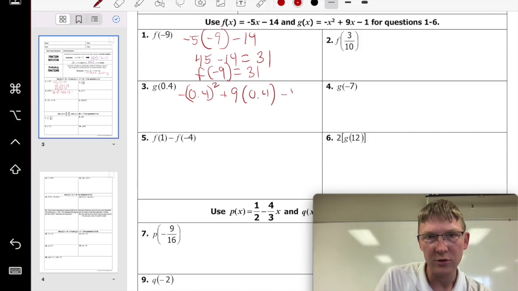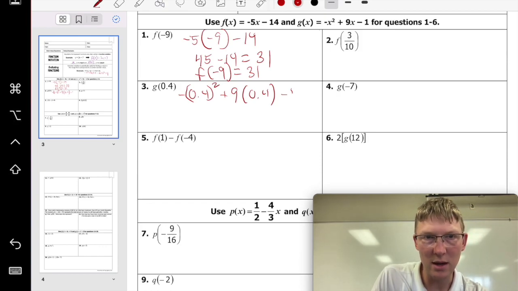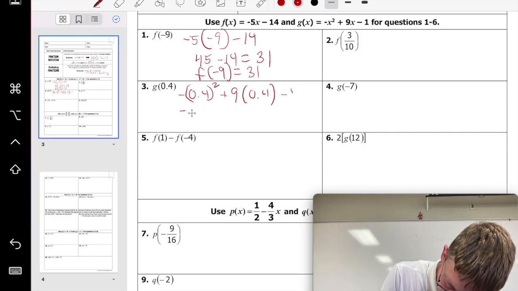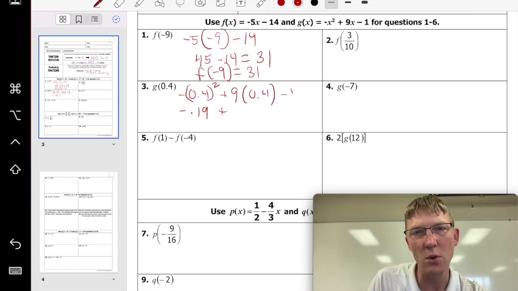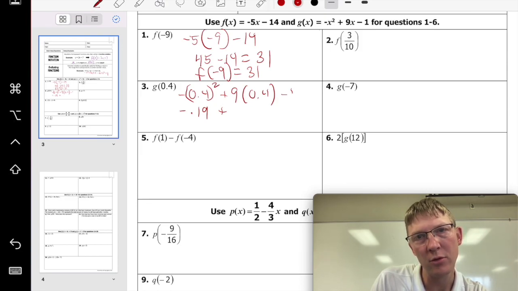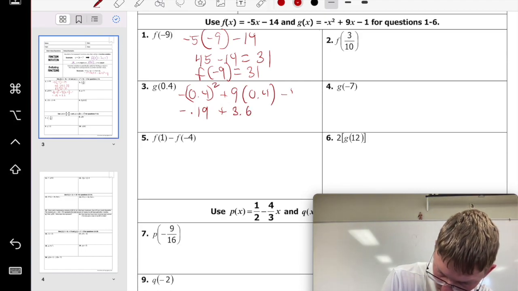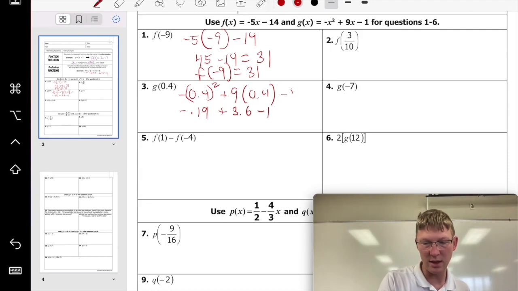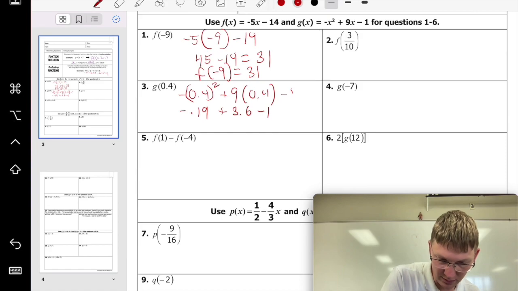minus 1. So 0.4 squared, 4 times 4 is 16, so that is going to be 0.16. So we've got negative 0.16 plus 9 times 0.4. 9 times 4 is 36, so 3.6. And then minus 1. I'm going to line that up vertically because I need to do things like that.